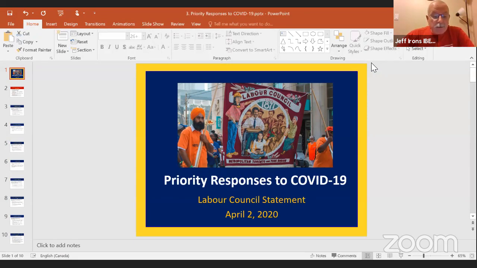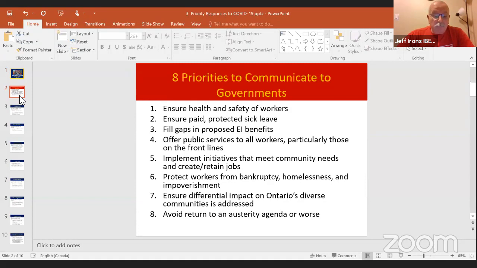All right, we outline 8 priorities for governments. Ensure health and safety of workers, ensure paid protective sick leave, fill gaps in proposed EI benefits, ensure public services are available for all workers and particularly those on the front lines. Childcare for essential workers is key.